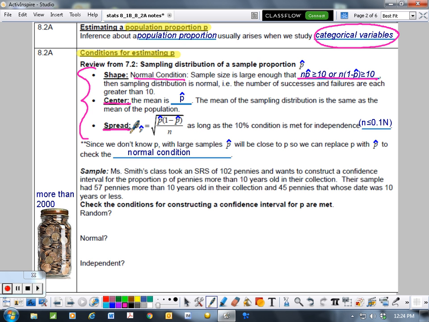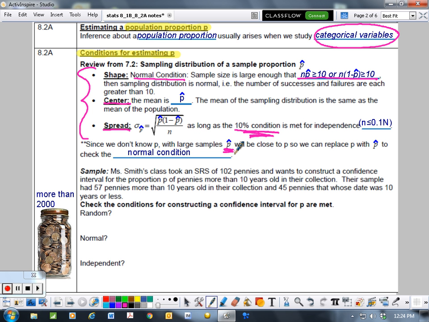And then our spread is going to be the square root of p times 1 minus p, all over n, but we can only use that if we meet that 10% condition. Since we typically don't know our original p, with large samples, p hat will be close to p, so that allows us to substitute p hat for the p in our standard deviation formula.